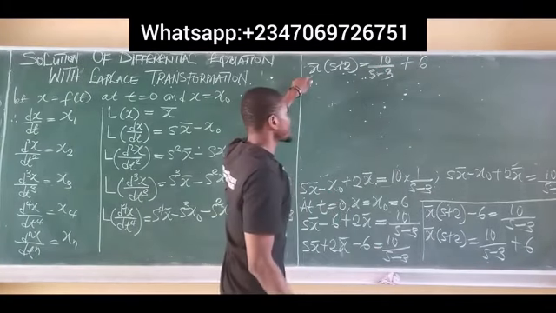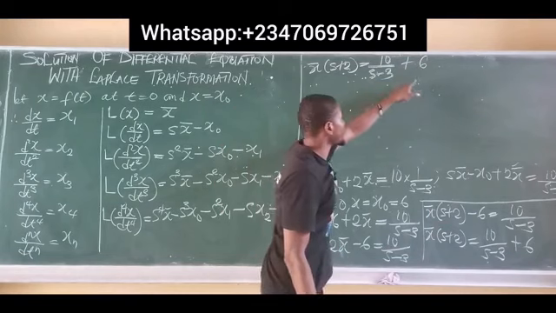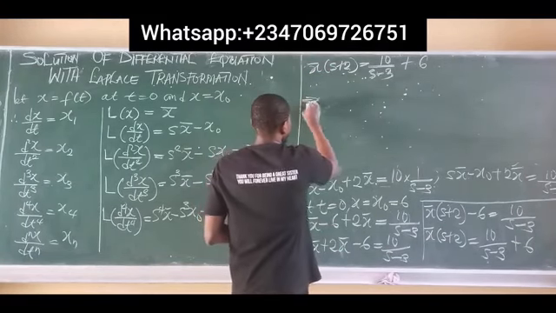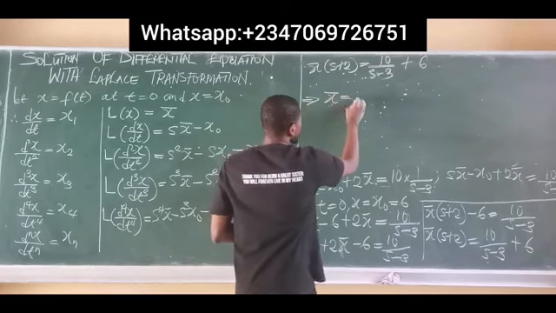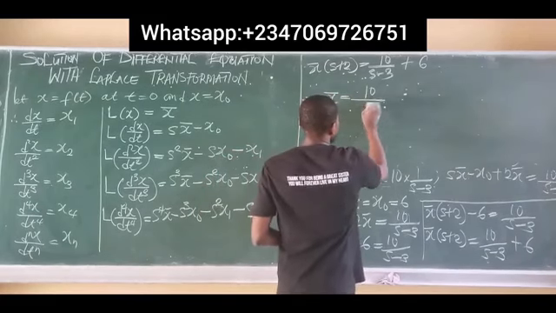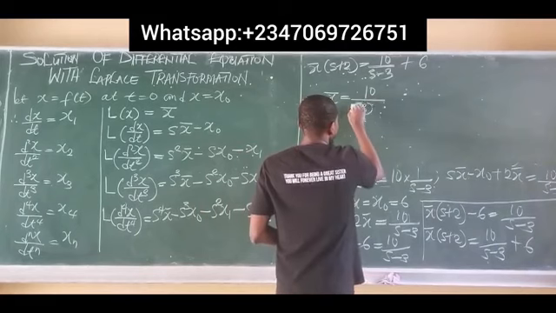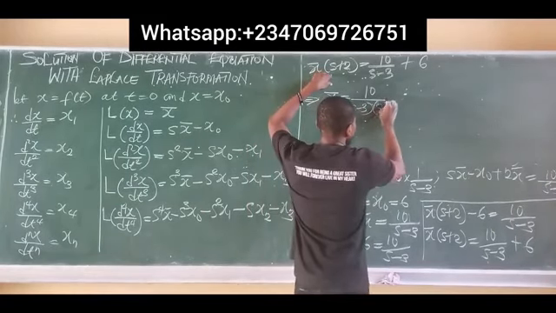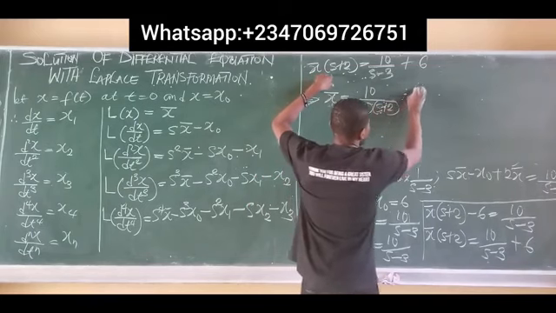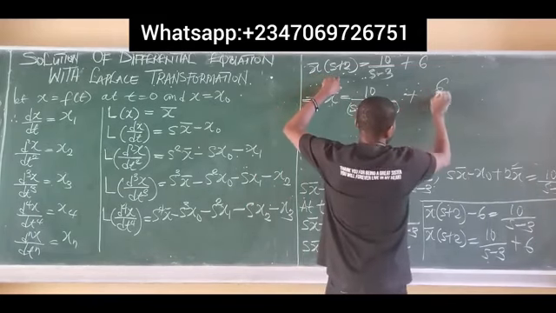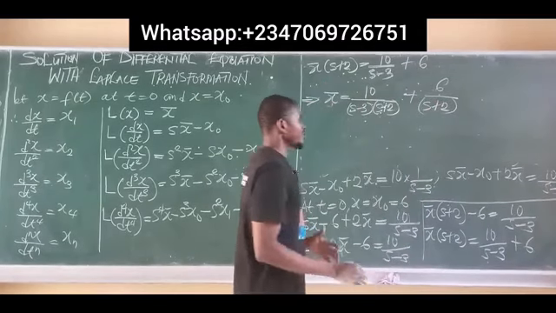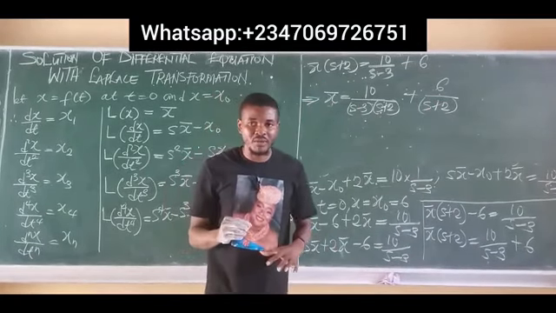Now I need to make x bar the subject, which means I have to divide both sides by s plus 2. Hence x bar is equal to 10 all over s minus 3 into s plus 2, plus 6 all over s plus 2. This is the third condition obeyed.